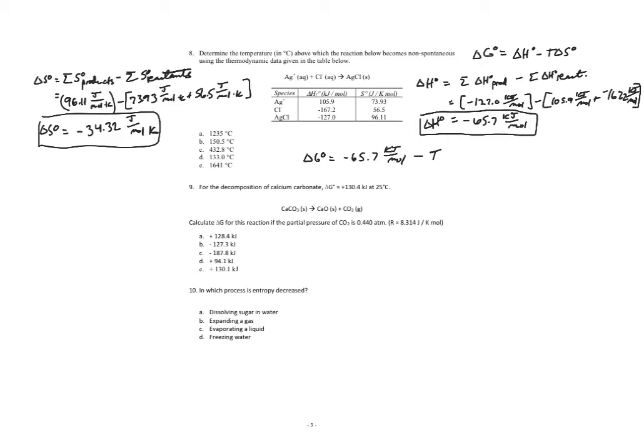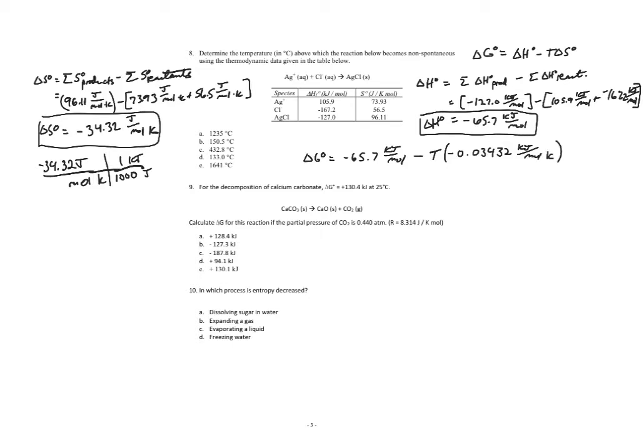So I'm going to leave this variable of T here, and I'm going to plug in my value of delta S, but I need to make sure that my units are consistent between delta H and delta S. So my delta S right now is in joules per mole. I need to go ahead and convert that to kilojoules per mole, which means we need to divide by 1,000 to get to kilojoules. So my delta S is really negative 0.03432 kilojoules per mole.